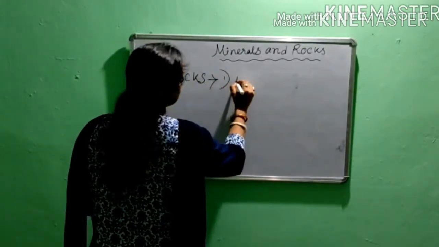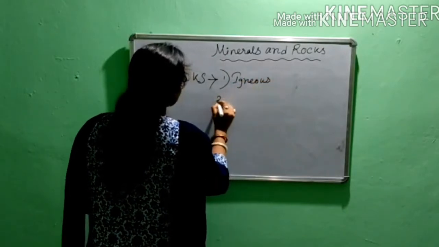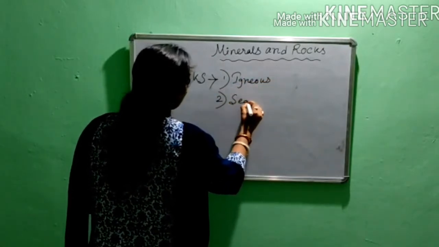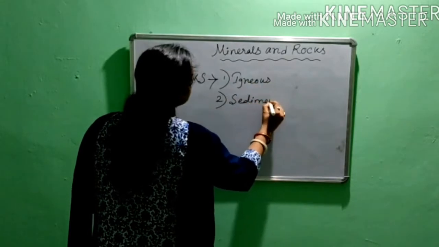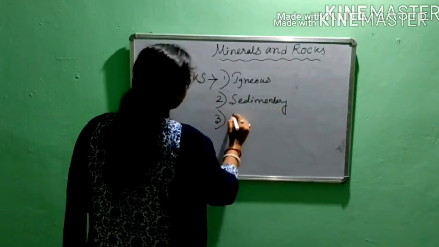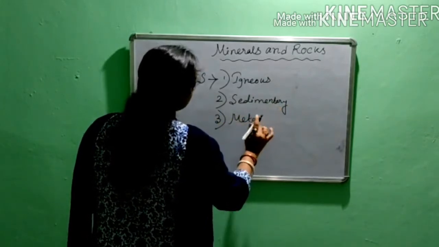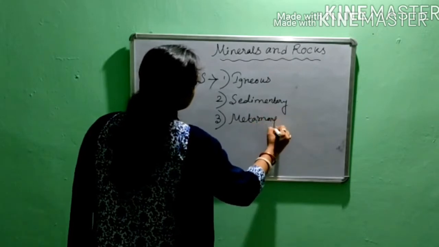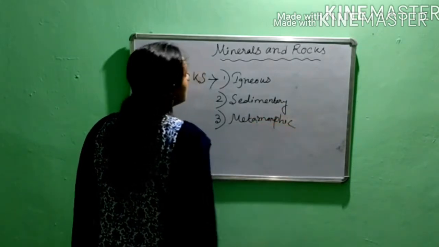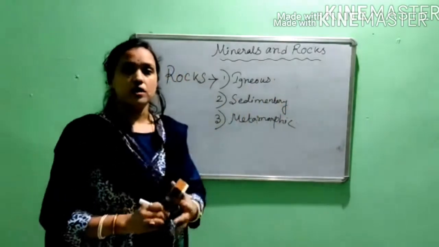First one is igneous rock. Second one is sedimentary rock. And third one is metamorphic rock. Now, what do you mean by igneous rock?